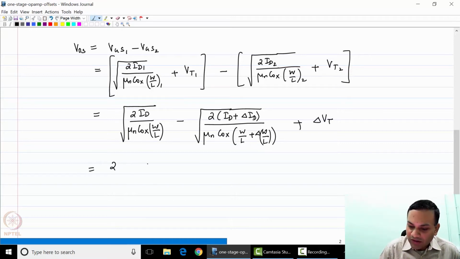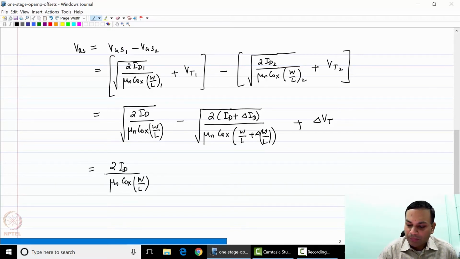So let us now take this expression out of the brackets as a common factor.